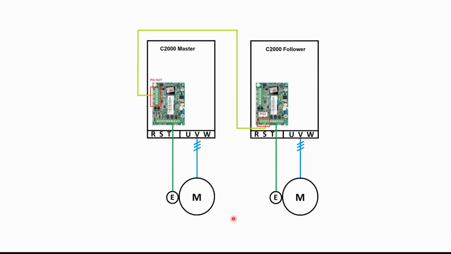You can also run the follower in speed control, but in those cases, you have to remember to lower or to disable completely the acceleration ramps on the follower drive, because the drive is already following the acceleration and deceleration of the master drive. So in those cases, the acceleration, deceleration, and also the S ramps will just be added on top of the master's acceleration and deceleration ramps. So then you might see some delay between the follower and the master.